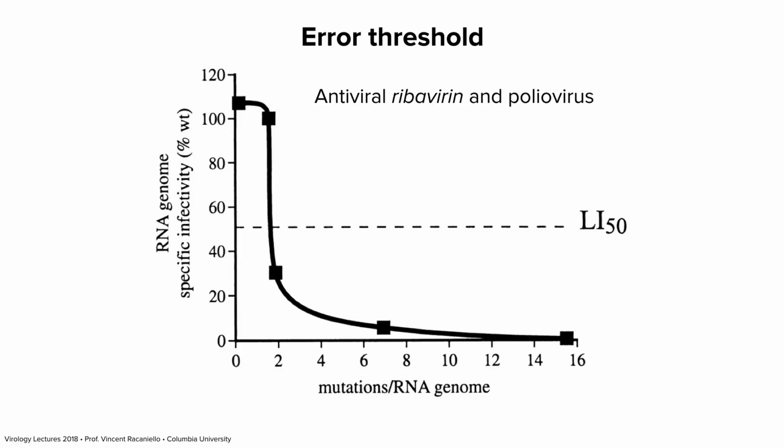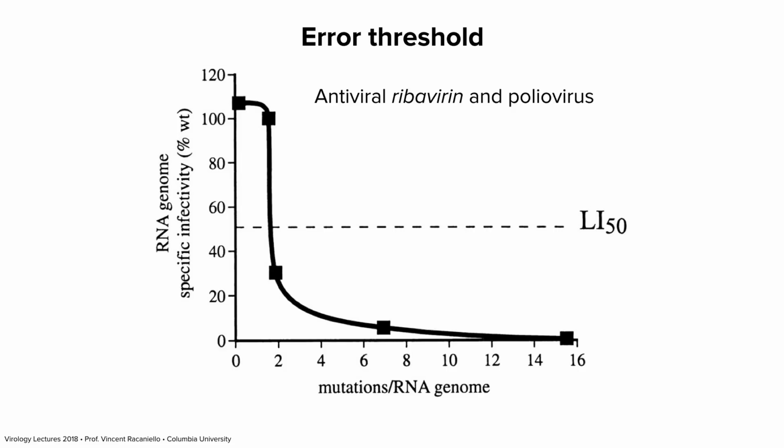And then we add more and more ribavirin, and we get 2 and 3 and 7 and 15 mutations per genome. And you can see the infectivity drops dramatically with just 2 mutations per genome introduced by ribavirin. And then you add 7 mutations per genome, and you've really lost all the infectivity.